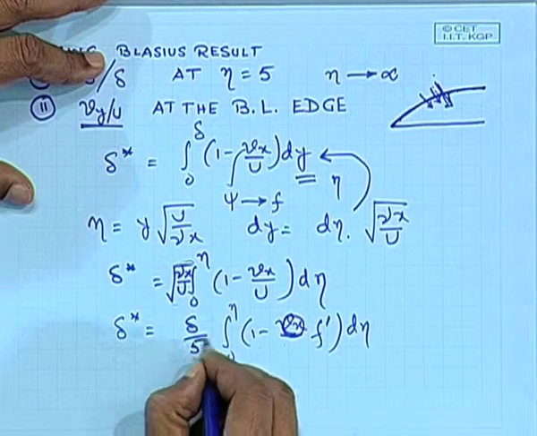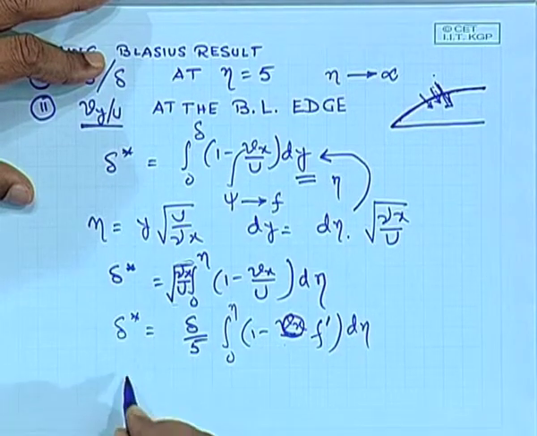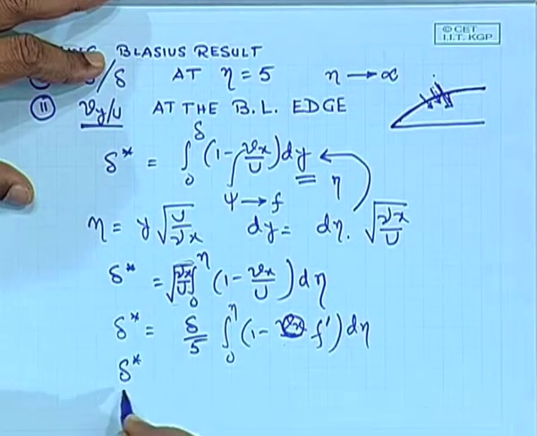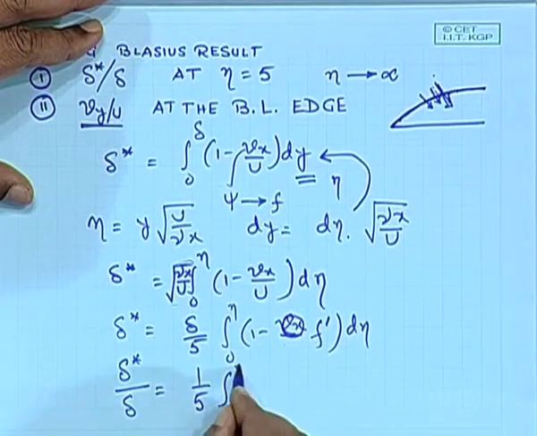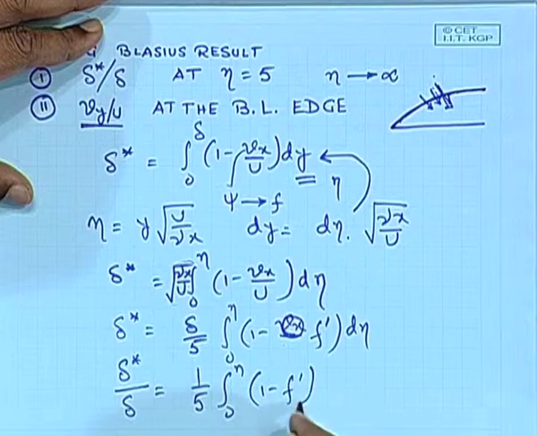If you look at the expression for delta, delta is simply 5 divided by that, so this is simply delta by 5. Okay. So, your delta star by delta is 1 by 5 times the integral from 0 to eta of 1 minus f prime d eta.